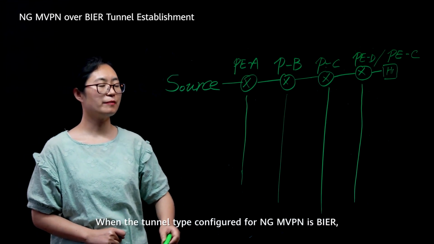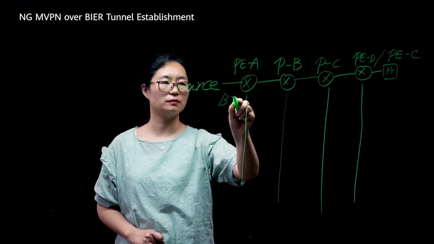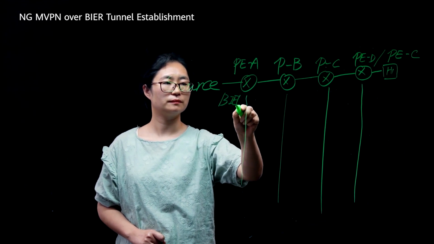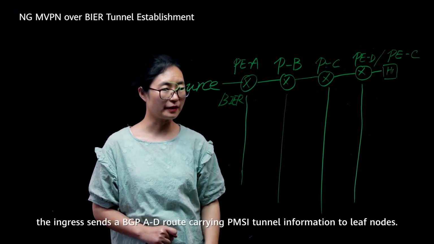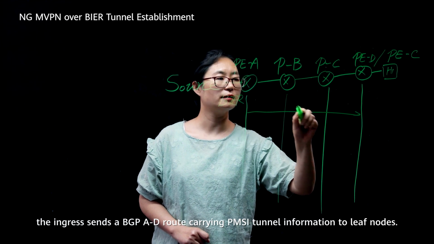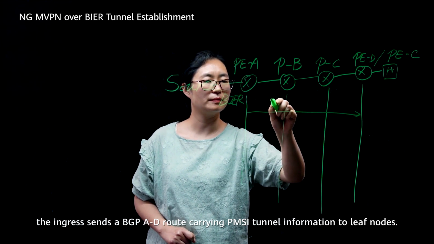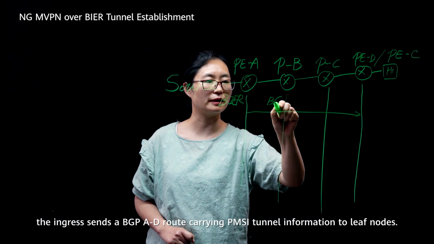When the tunnel type configured for NG MVPN is BIER, the ingress sends a BGP AD auto-discovery route, carrying PMSI tunnel information to leaf nodes.